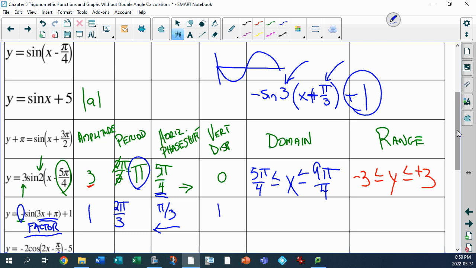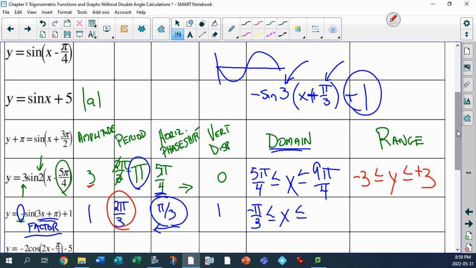Well, don't forget, when you're doing your domain, you start on your initial point. And in this case, since I've gone left, this initial point is minus pi over 3. There's our domain. Okay, where does it end? Well, here's something that's really cool. Your period is 2 pi over 3.